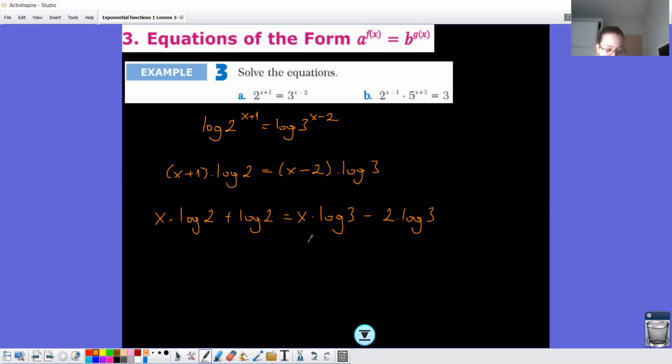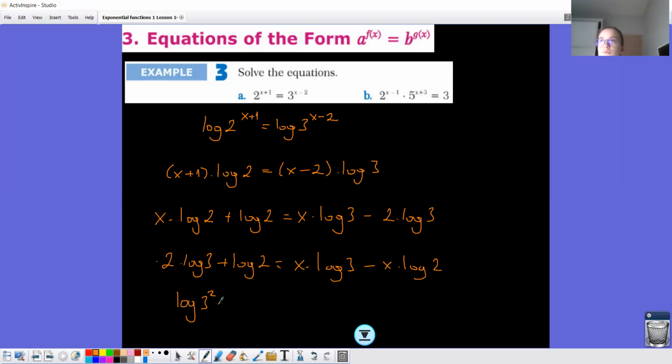Now I will take the unknowns and knowns to one side, so I will take this one to this side. It will be 2 times logarithm of 3 plus logarithm of 2 is equal to x times logarithm of 3 minus x times logarithm of 2. Okay? Now here, if I take 2 as power of 3, it will become logarithm of 3 squared plus logarithm of 2.